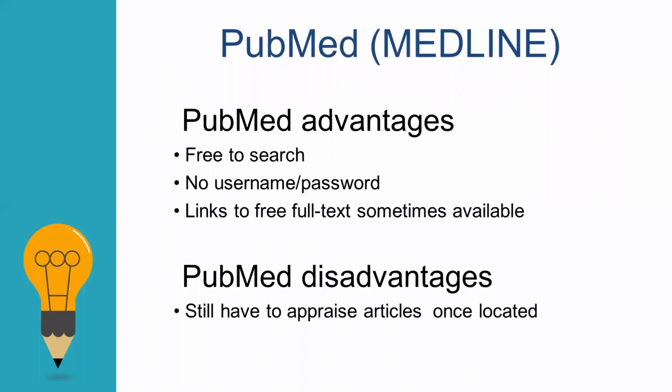Links to free full text are sometimes available on PMC. If you click on those links, you directly go to the journal pages or the journal issue where that article full text is available. But a PubMed disadvantage is that it has not started appraising articles once they are located.